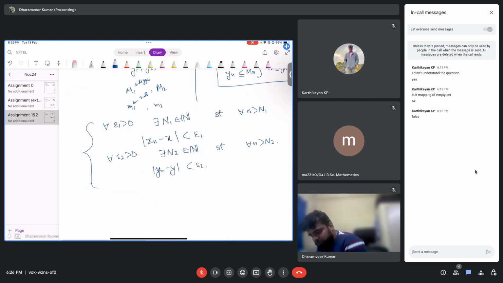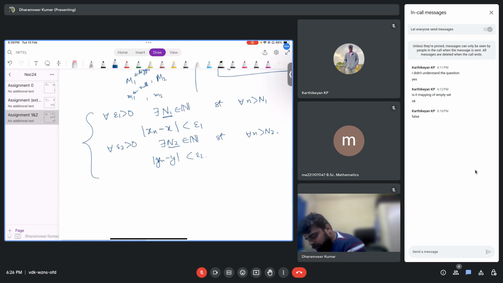Now there is n1 and n2. Whenever you have two, choose the bigger one of them, so that this condition holds for everything. So for all n greater than the maximum of n1 and n2.